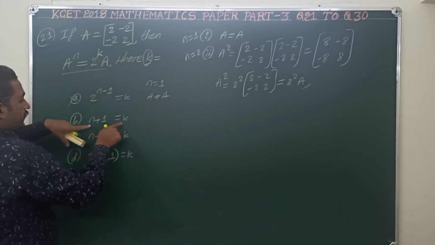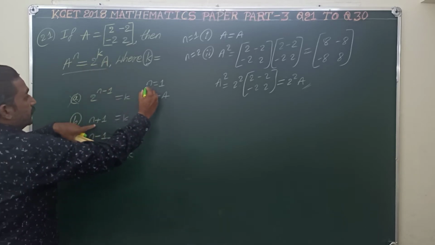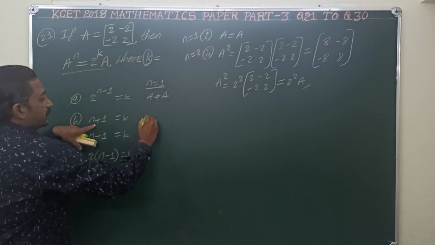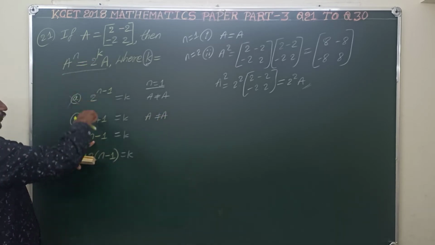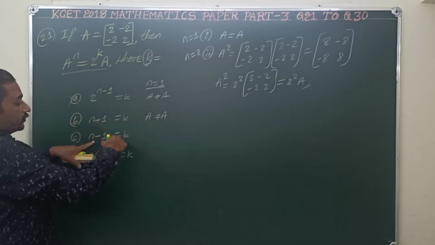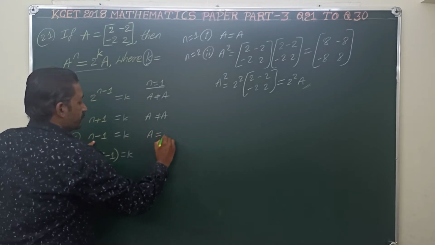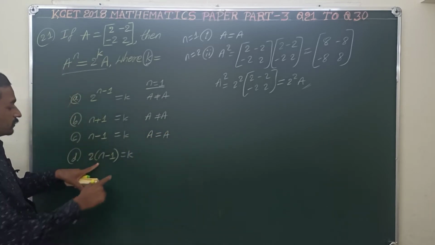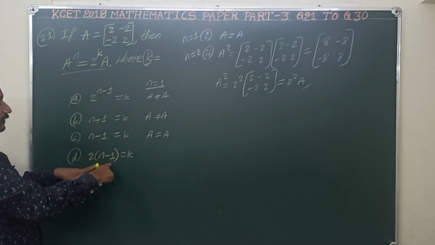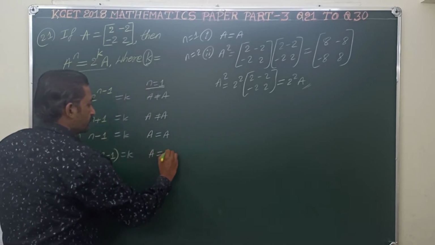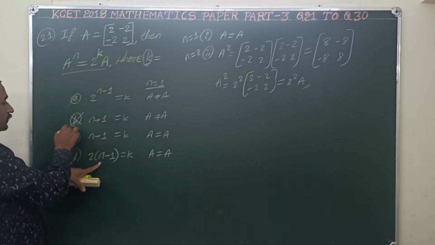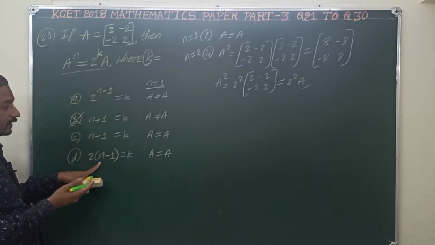Here also, put k is equal to n plus 1 and n is equal to 1: A is not equal to A. This is also wrong. Then put k is equal to n minus 1 and n is equal to 1: A is equal to A, maybe correct. Also put k is equal to 2 into n minus 1 and n is equal to 1: A is equal to A. So among the 4 options, 2 options are wrong and 2 options may be correct.